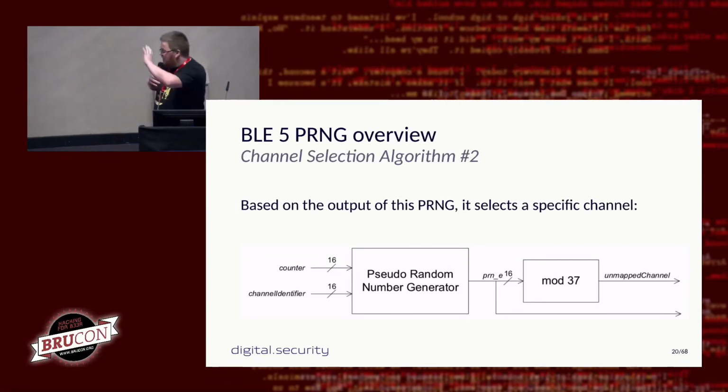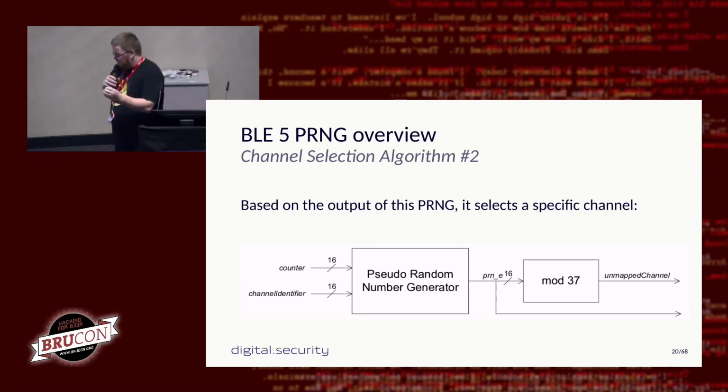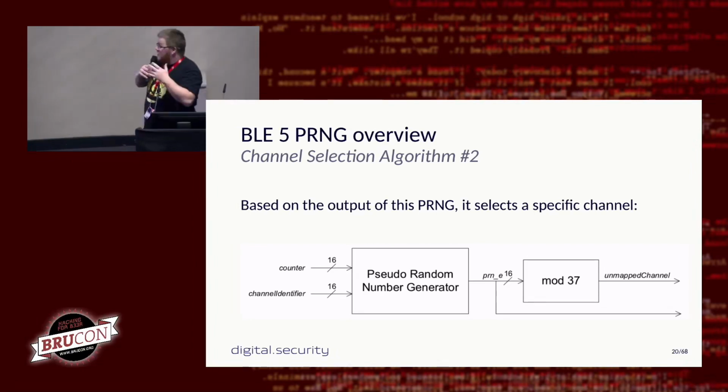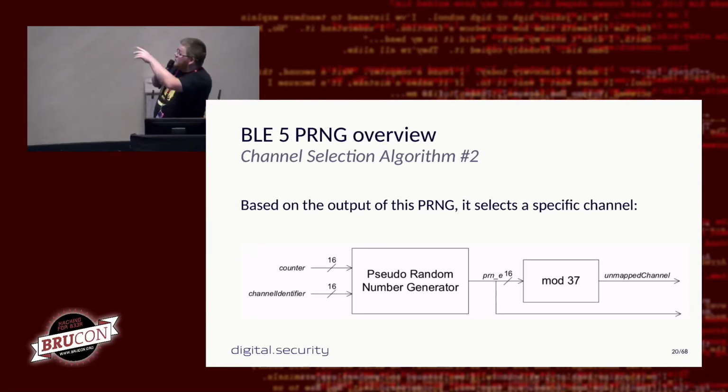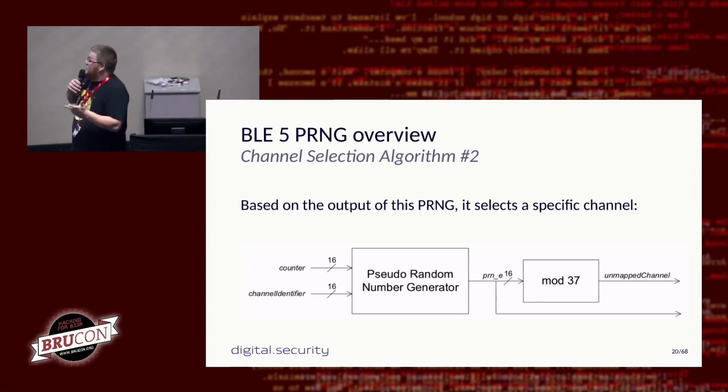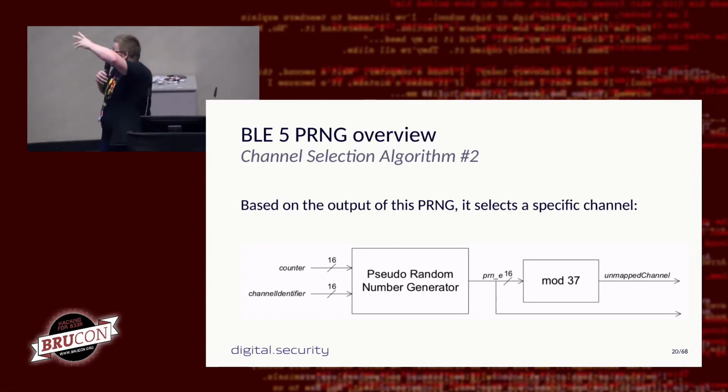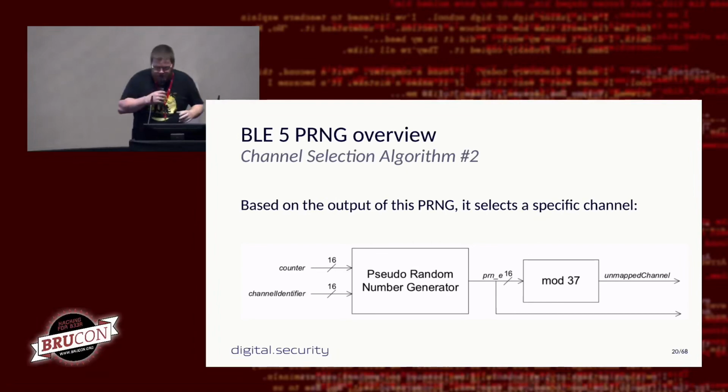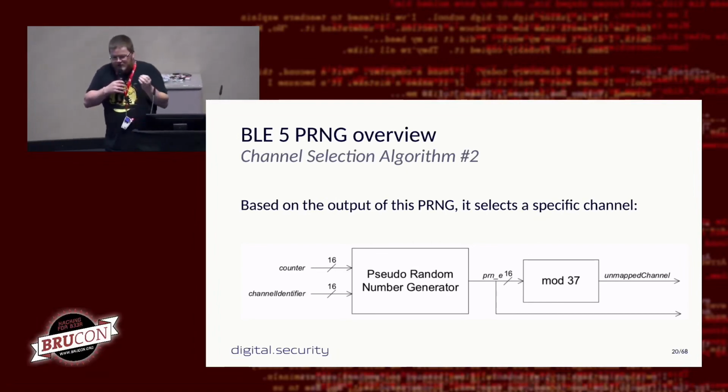So this is basically the process to compute the next channel we are going to hop to in order to keep the connection alive. The first input is a counter, the second input is a channel identifier, then we get this random number generation routine, then at the output we get a random number, and we compute the next channel.